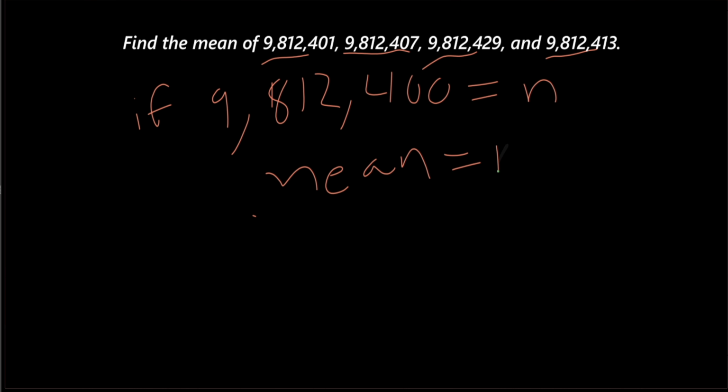So 1, 7, 29, and 13. That would be 1 plus 7 plus 29 plus 13 over 4 plus n.